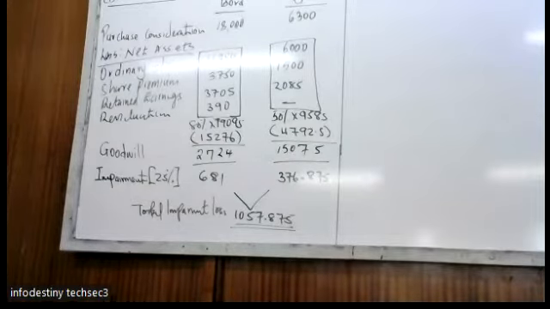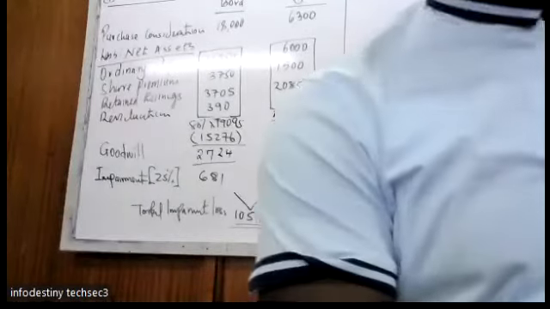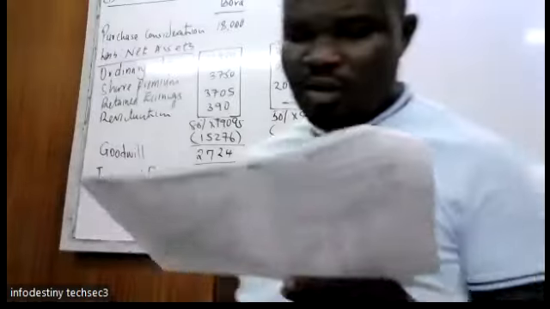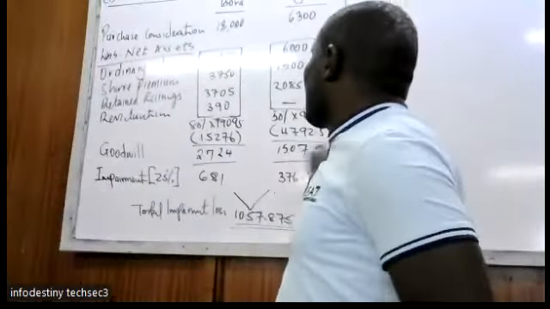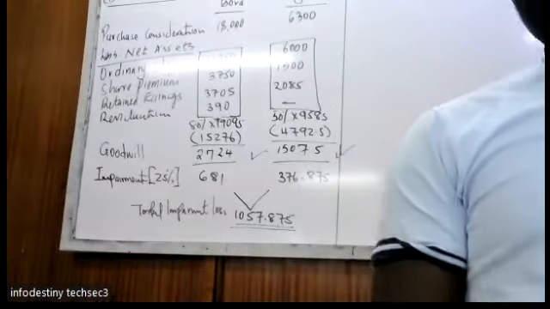They want us to prepare what? Does it end at goodwill or at impairment? The examiner asks what? Goodwill. It ends at goodwill. I will require this one in P&L. Yes, but it ends at goodwill.